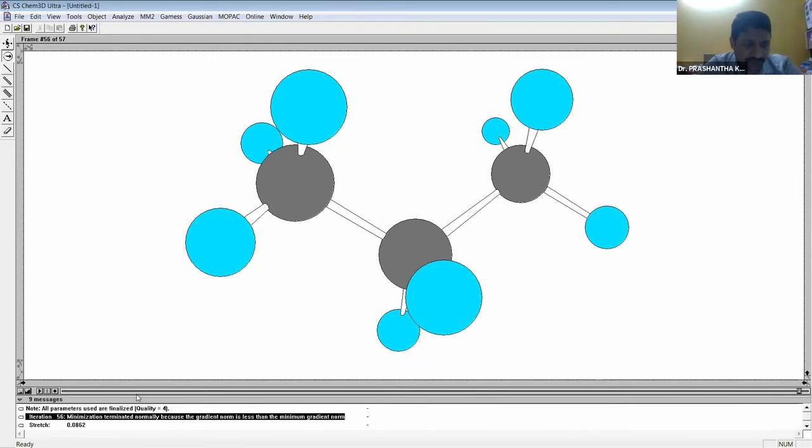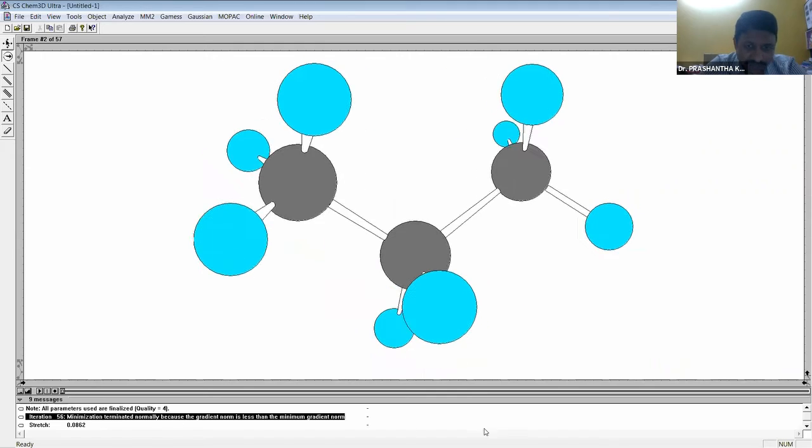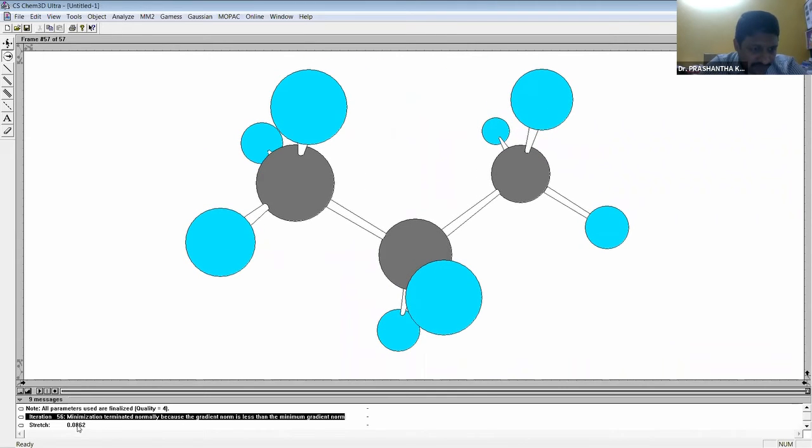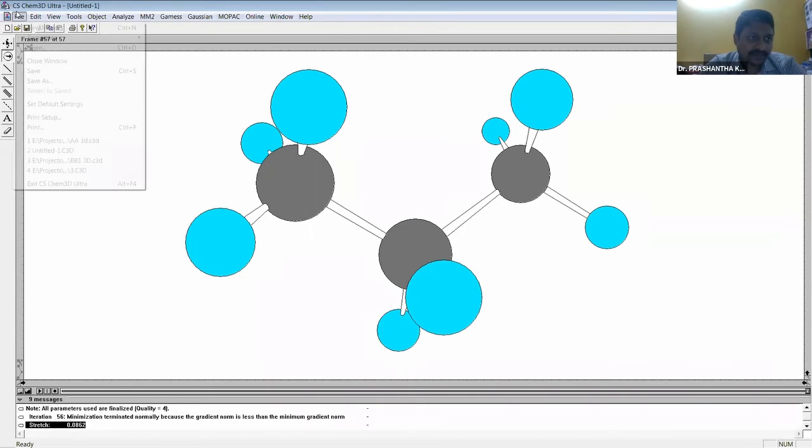There are 56 iterations that have run from this step to this step, and it has worked out the stretch, bend, torsional angle, non-bonded terms, everything, and then minimized the structure.